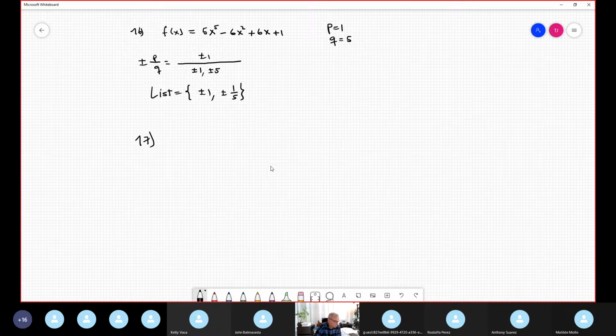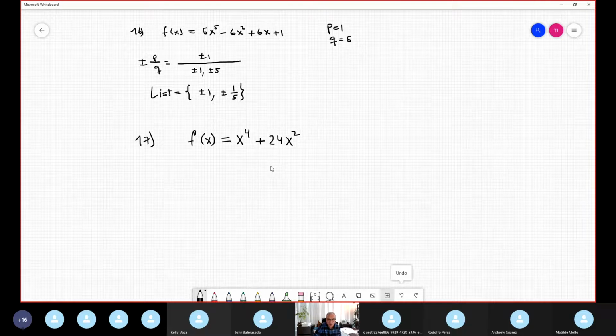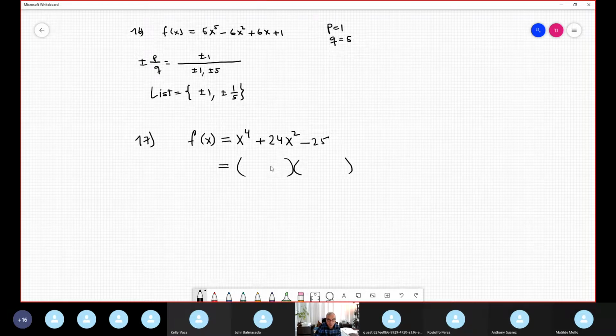The polynomial is x to the 4th power plus 24x to the 2nd power minus 25. The factorization is easy, because it's a trinomial. You open two parentheses, and you put here x squared.